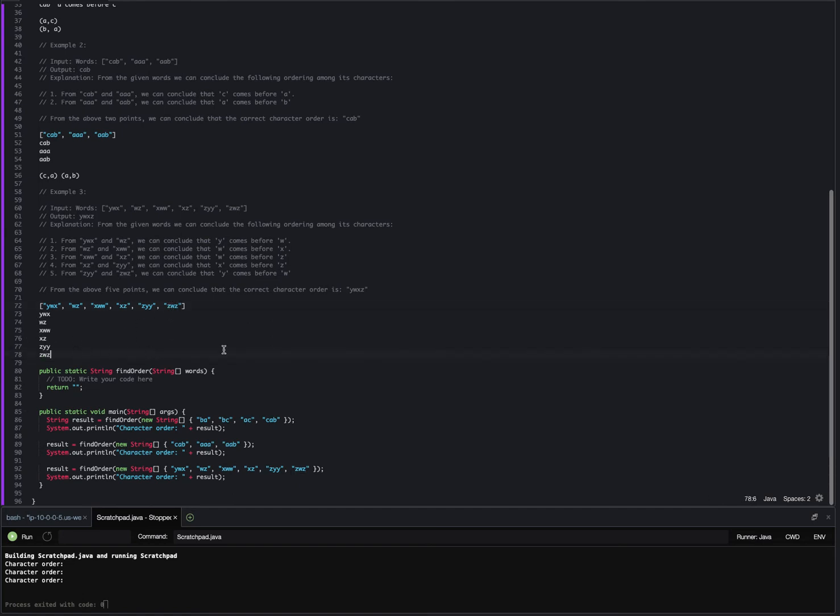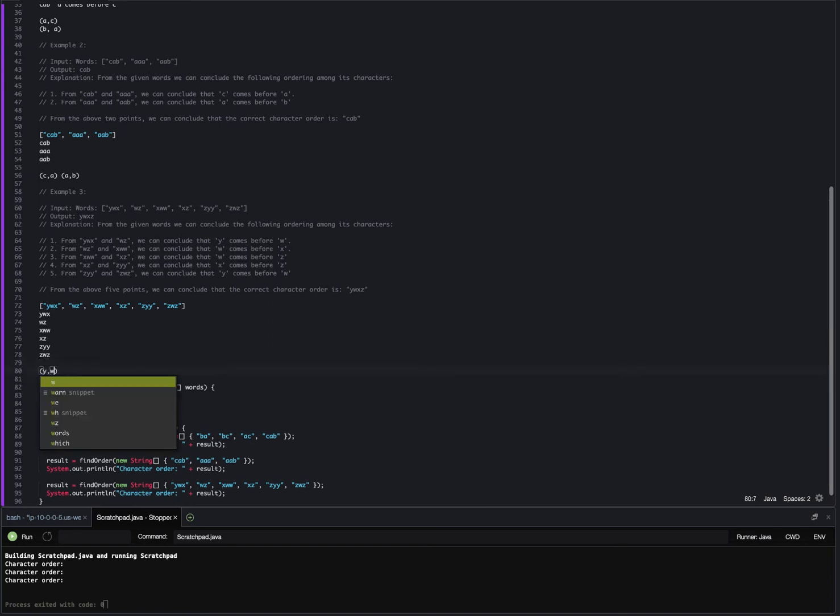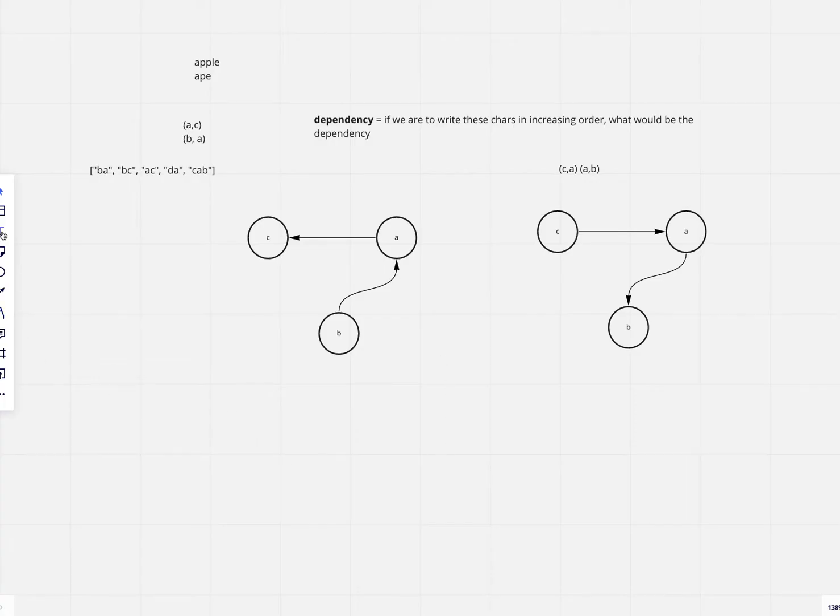So we know that Y and W becomes a pair, W and X becomes a pair, then W and Z becomes a pair, then X and Z becomes a pair, and then Y and W is already a pair. Okay, so these are the pairs. How many vertices do we have? Y, W, X and Z, right? So Y, W, X and Z. Okay, all represented. Cool.